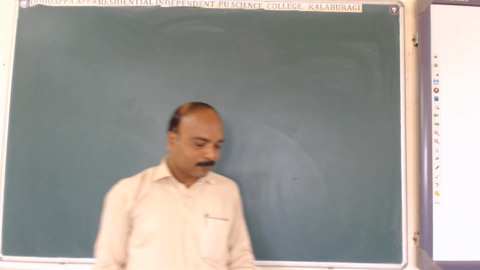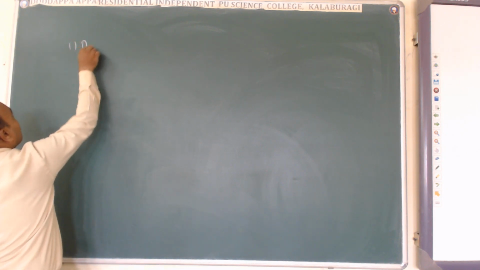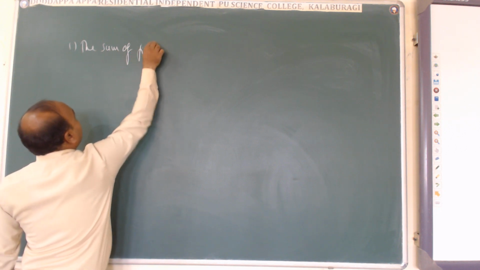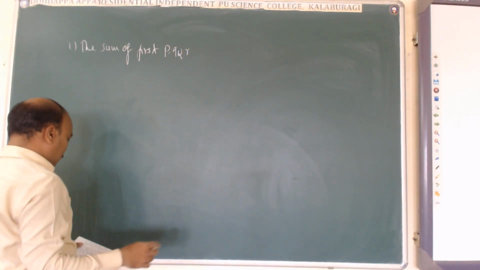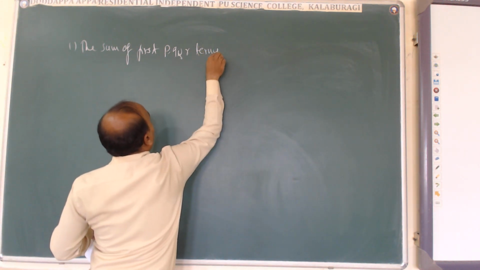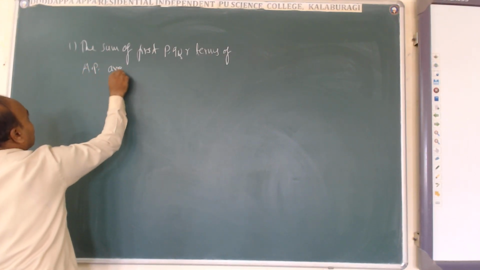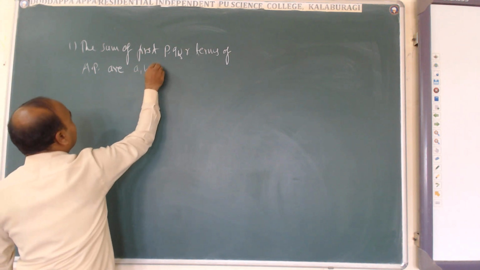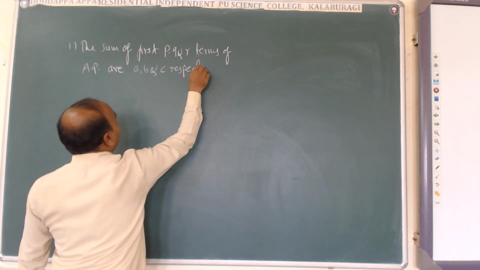Take the first question. The sum of the first P, Q and R terms of an AP are A, B, C respectively.